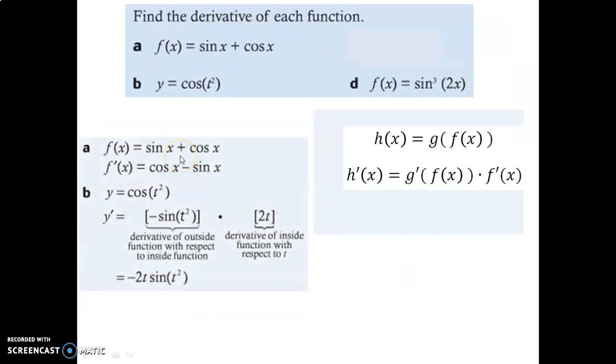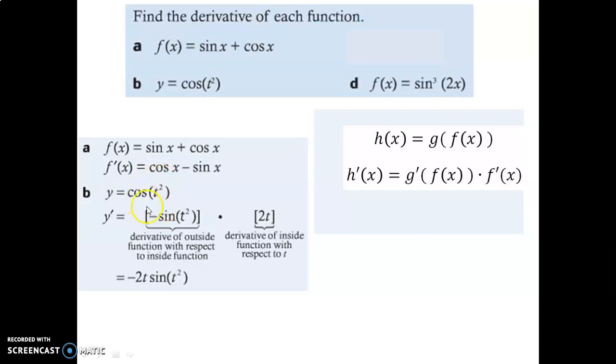Here's A. In A, you simply take the derivative of the first piece, which is cosine x, and the derivative of the second piece, which is negative sine x. There, we found the derivative. Easy. All right, just piece by piece. Second one, in B, in this case, this needs the chain rule. Like I said, you're going to do the outside function first, so the cosine function.